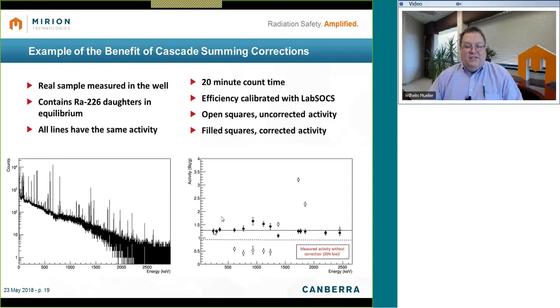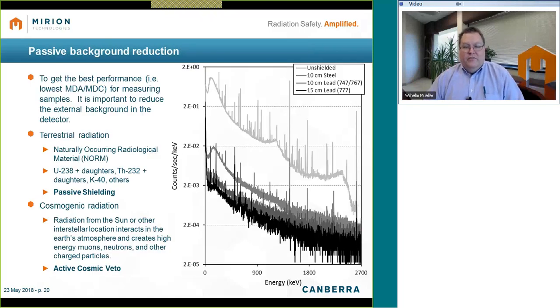This process happens automatically within the algorithms and only requires an amount of setup to define the efficiency or the geometry of the measurement. These features are now available with the Sage-Well detector.